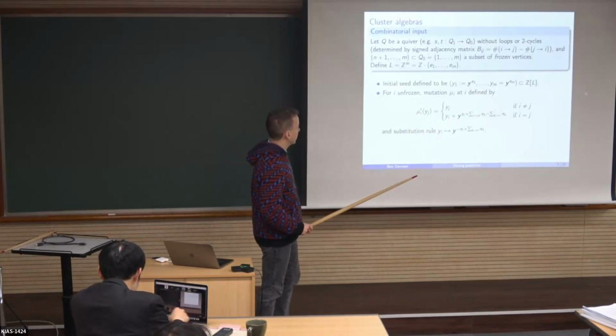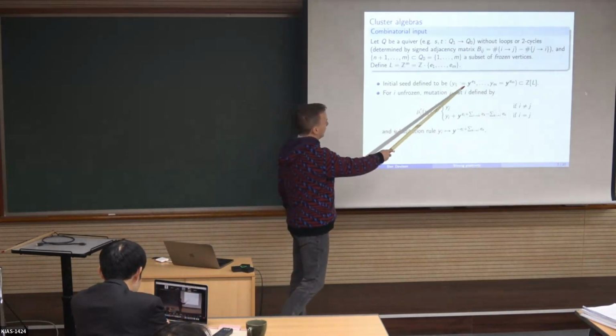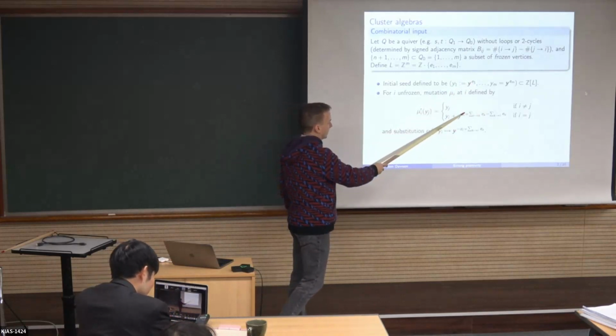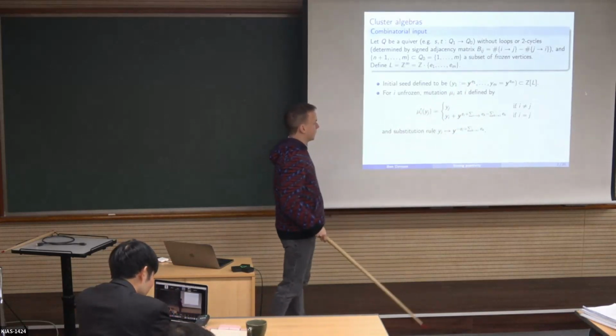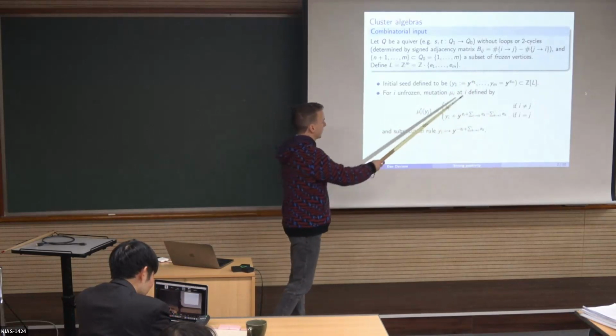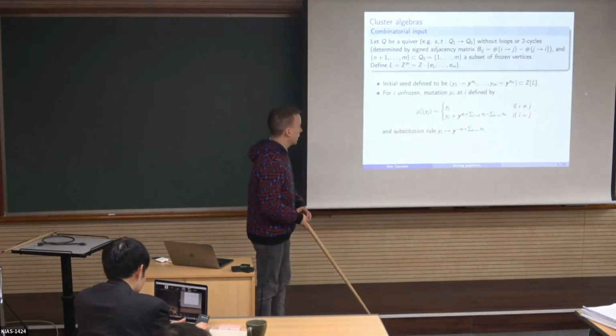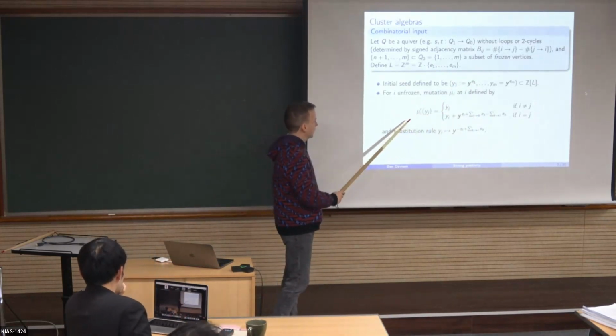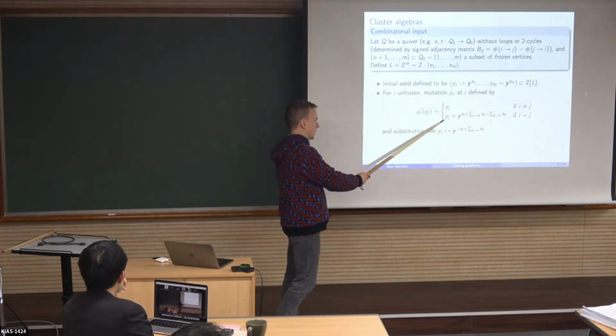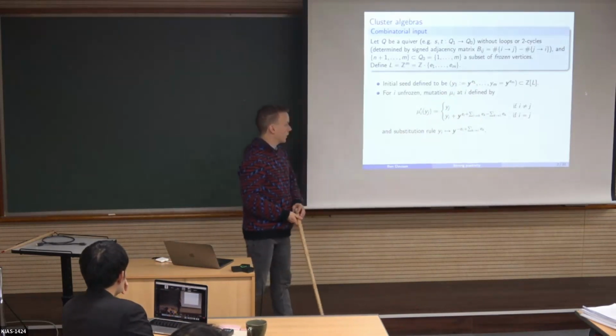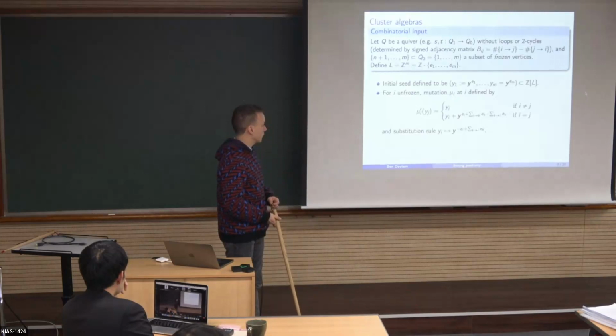Here I'm using this convention that where you see a bold y with a vector, so some element in my lattice, y^{e1} just means y1, but y^{e1+e2} means y1 times y2. So mutation at i replaces yi with a sum of monomials.